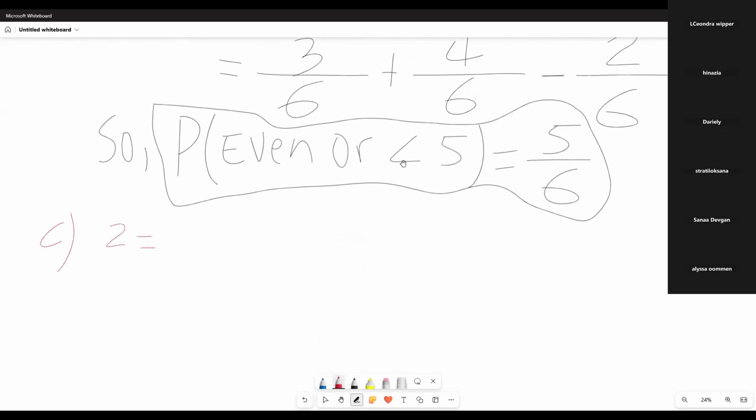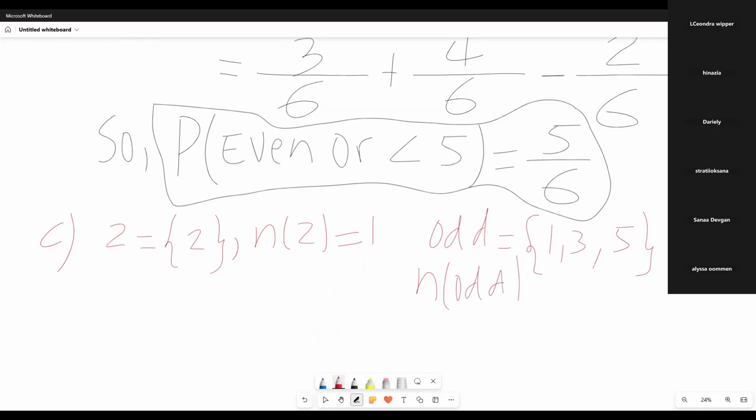Two or odd is just 2. So n of 2 is just 1. Odd would be 1, 3, 5, equals 3.